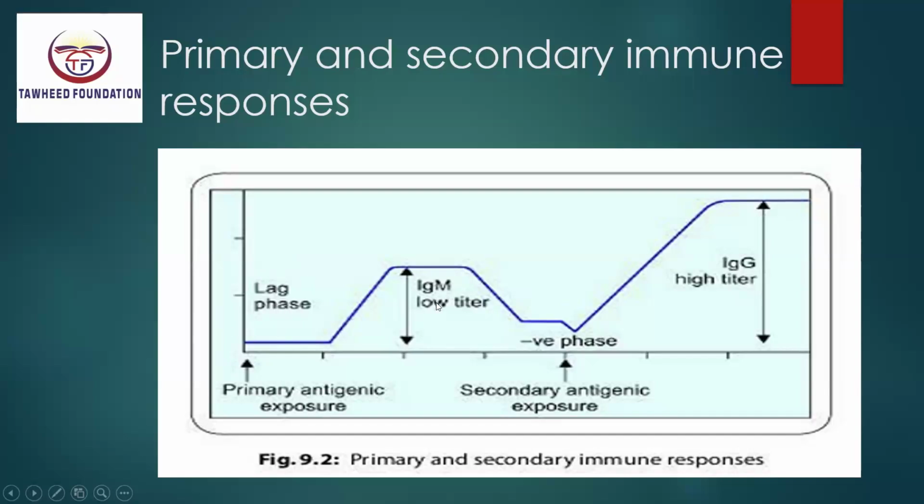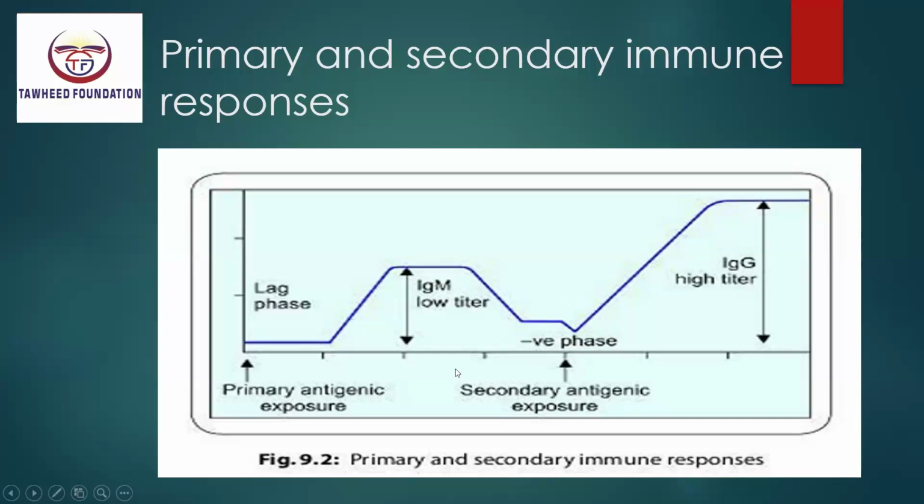IgM low titer: after the lag phase, the body produces IgM antibodies, immunoglobulin M. The graph shows a low titer, a low concentration of IgM in the blood, which helps fight the infection during this initial exposure. Negative phase: after the primary response, if the antigen is cleared, antibody levels drop. This decrease is referred to as the negative phase.